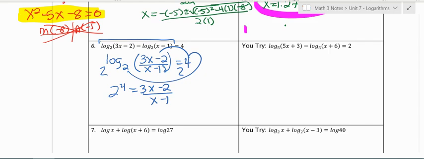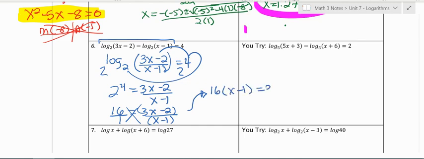2 to the 4th is going to give you 16 equals (3x minus 2) over (x minus 1). I'm going to put parentheses so I don't lose anything here. And then it's the same as just really cross multiplying, or you can, a lot of other ways, you're just really doing the inverse. So we have 16 times (x minus 1) is equal to 3x minus 2. And now we're just simply solving a linear equation.